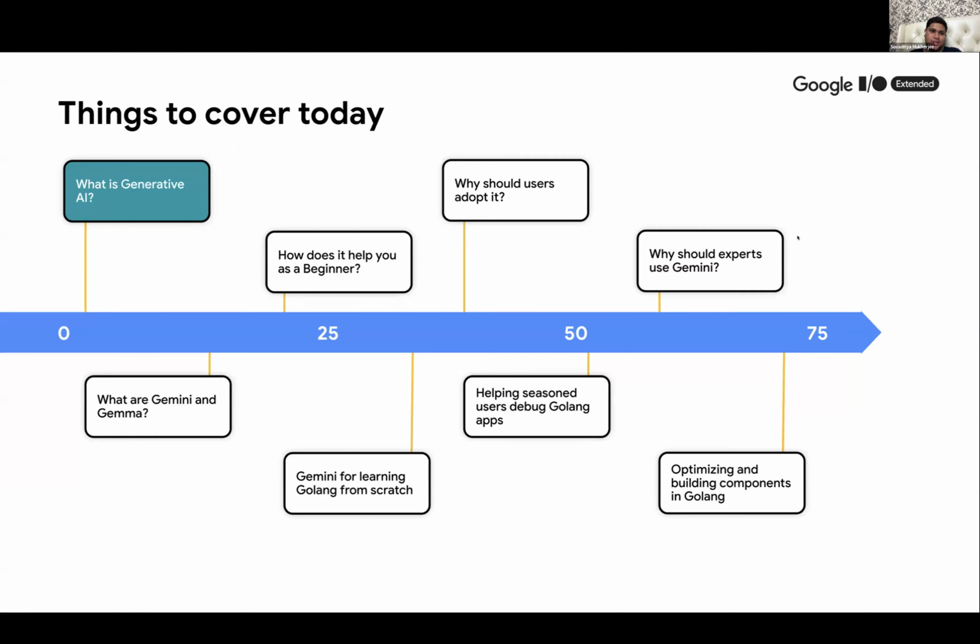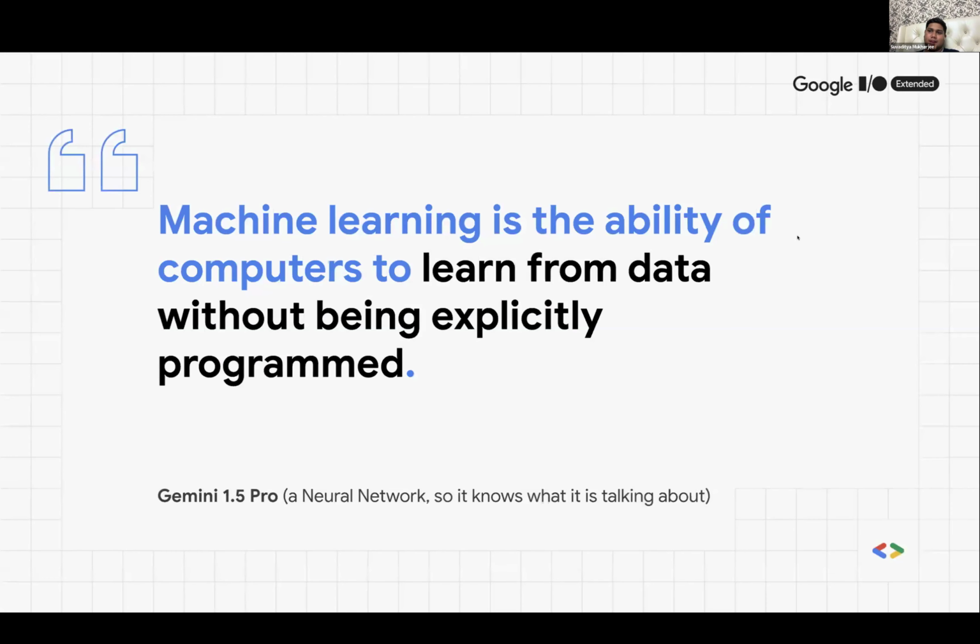Right. So let's start with the question: what is generative AI? Many people have tons of different definitions for them, but one that fits a lot of different contexts is: machine learning is the ability of computers to learn from data without being explicitly programmed. Now, the idea here is that instead of giving some rules to process data to a computer, you basically reverse it: you give data and you ask the computer to create rules out of it.